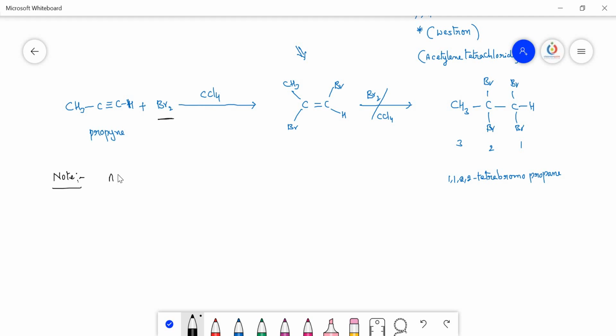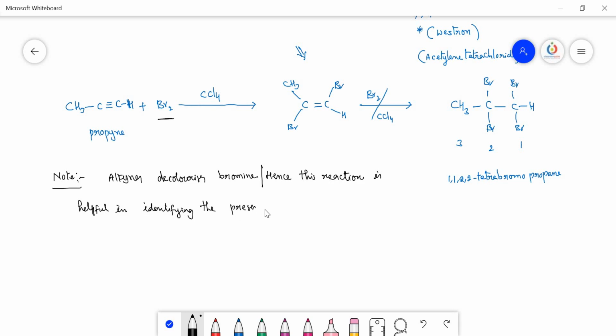So alkynes decolorize bromine. Hence this reaction is helpful in identifying the presence of unsaturation.